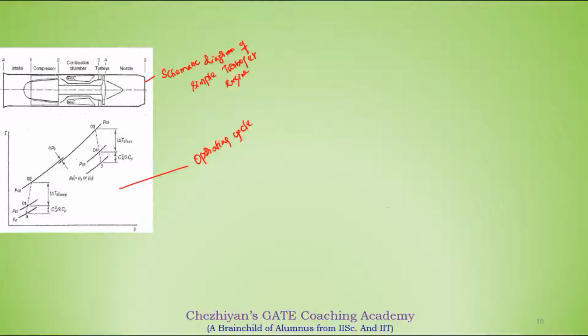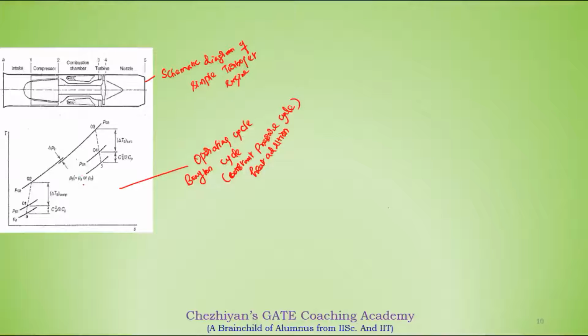You know that it's basically an ideal cycle with losses, a Brayton cycle. What do you mean by Brayton cycle? It's a constant pressure cycle, with constant pressure heat addition, or we will simply say constant pressure cycle.